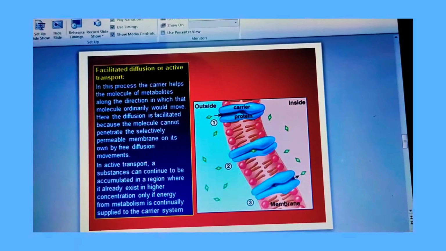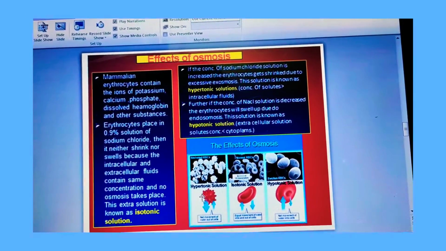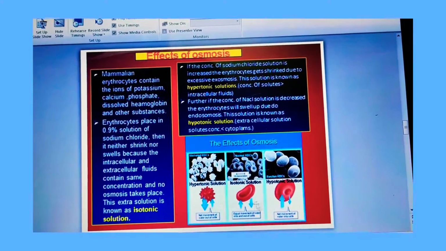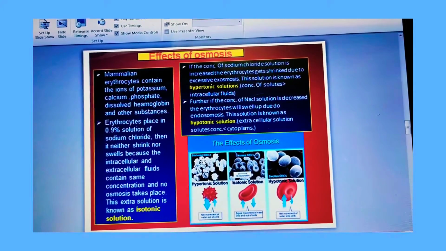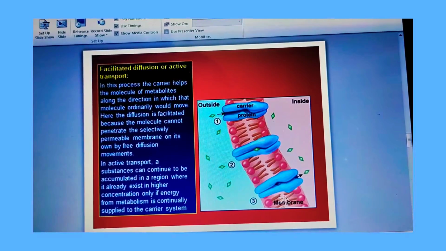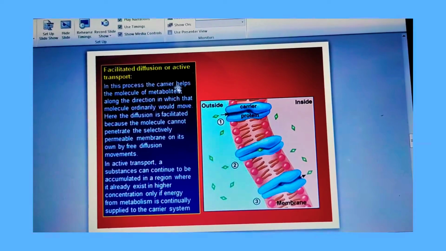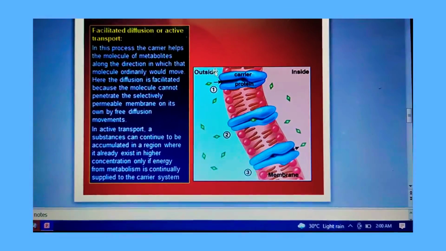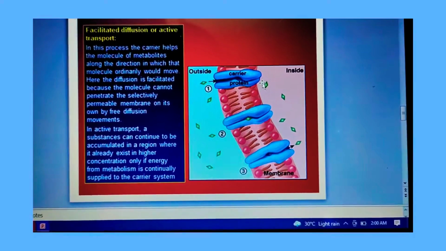In the previous slide we have seen osmosis, how molecules enter the cell organ and how they are extracted out from the cell organ. This happens like this, helped by this carrier protein, which facilitates diffusion or active transport of molecules from the outer environment to the inner environment of a cell organ.